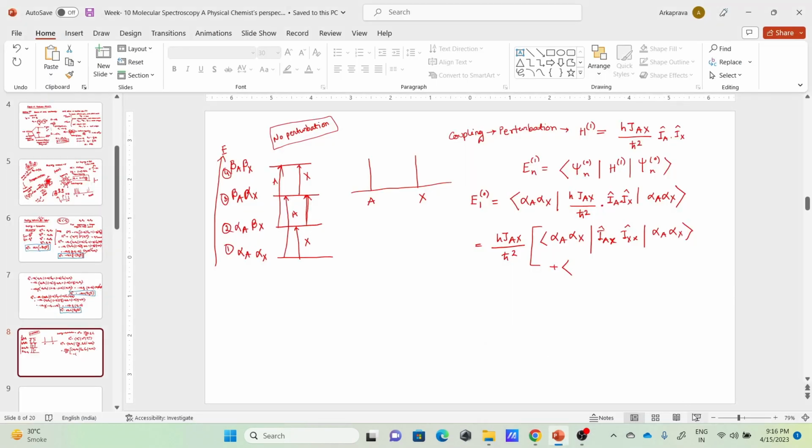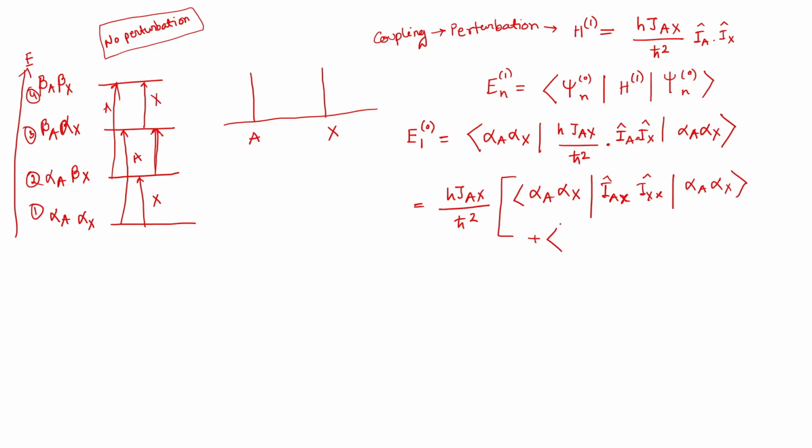Okay. Then alpha A, alpha X, similar, but here we are doing the Y coordinate, right? This is a simple dot product, capital X, small y, alpha A, alpha X. So the treatment will be the same for all, as you can understand.